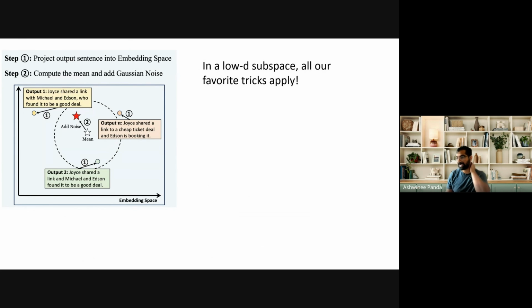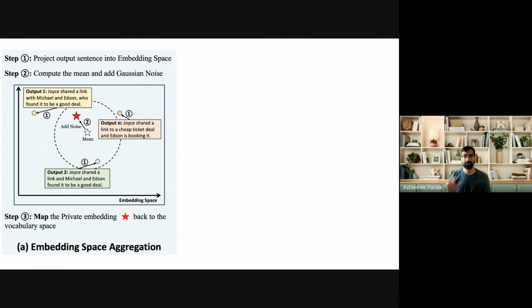This embedding space has a dimension of just 1,500. In this low dimensional subspace, we can do whatever we want. In this case, you can compute the mean of these vectors, and you can add Gaussian noise. And you can now do a bunch of different things to go from this low dimensional space back to your high dimensional space in order to represent an output back to the user.